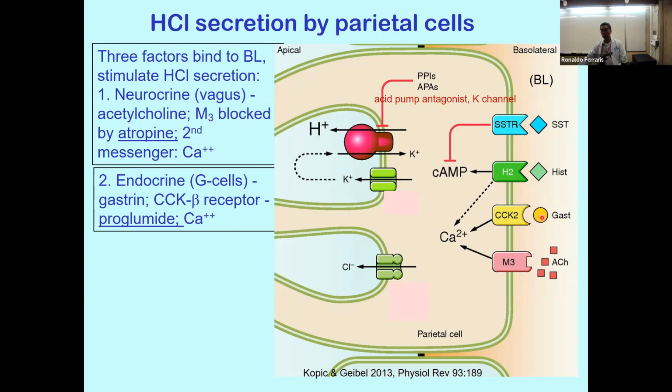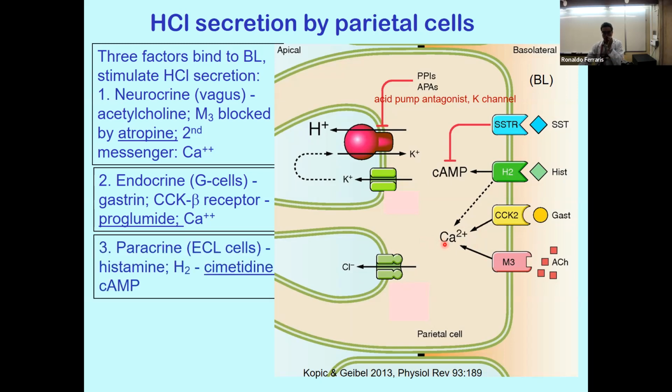These two names are found in different books. So CCK2 or CCK beta is a receptor specific for gastrin. And this binding here can be blocked by proglumide. And the second messenger is calcium.